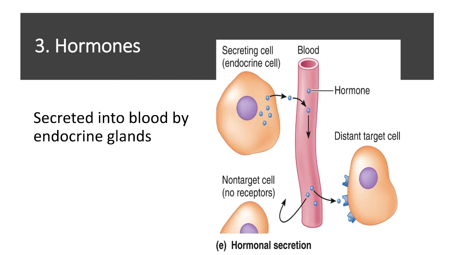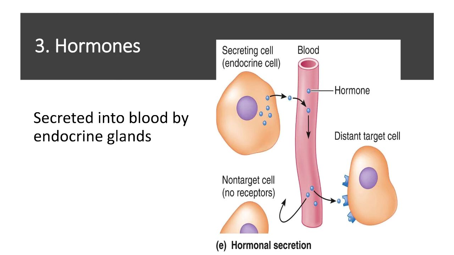And so remember that target cells have those receptors that are specific to the hormone, just like the paracrines and the neurotransmitters. So that's how, again, the target organ with the target cells, that's how the hormone kind of quote unquote knows where to go.